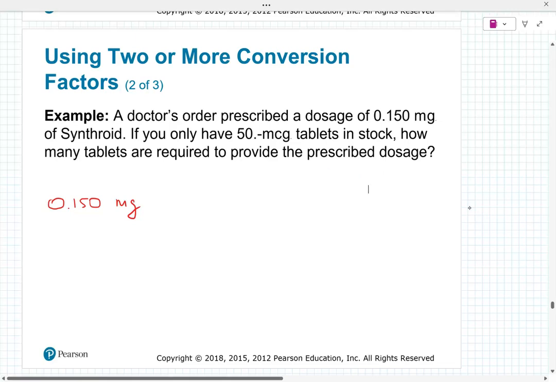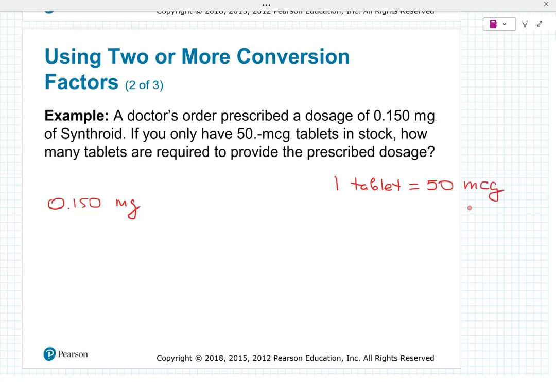That one tablet contains 50 micrograms. Right? But the dosage that we're given is not in micrograms. It's in milligrams. So we need to write another equality. 1 milligram is how many micrograms? 1,000. Everybody's following what I'm doing here?